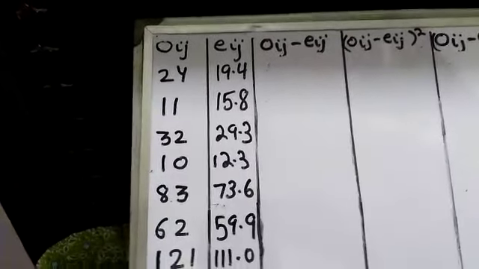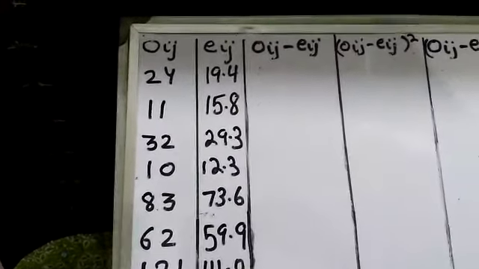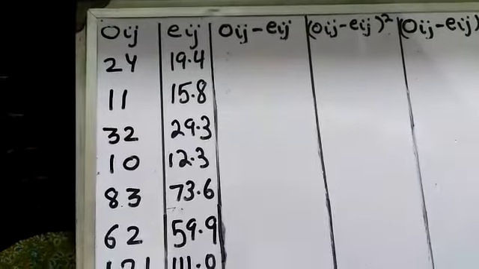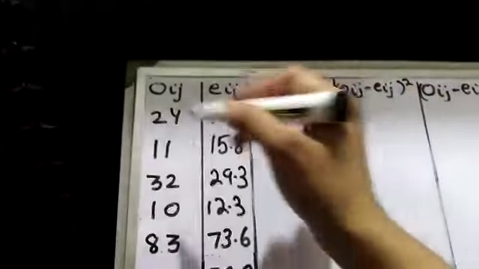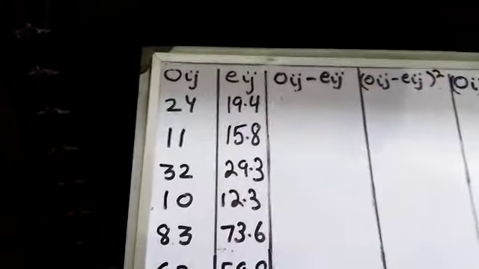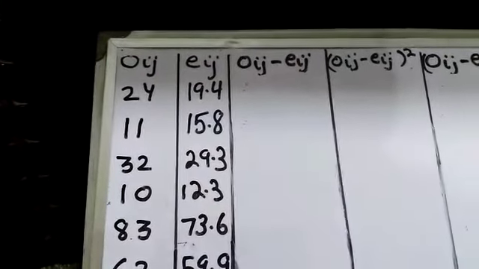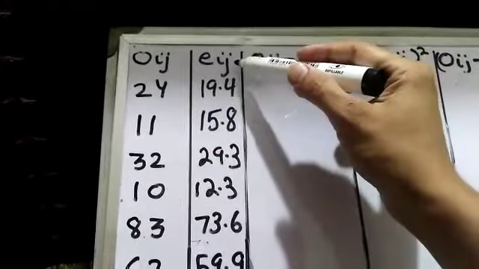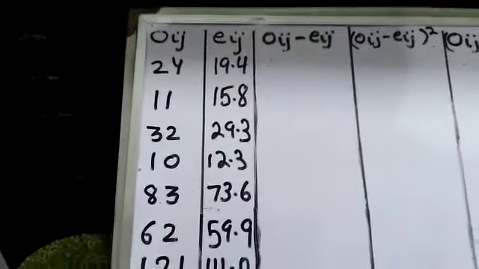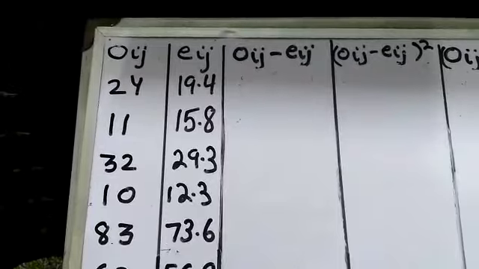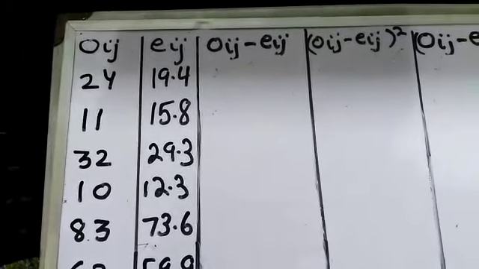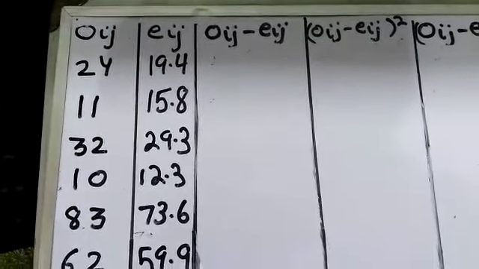We will write the observed frequency either column wise or row wise. If we write the observed frequency column wise, then in parallel we have to write the expected frequency column wise as well. The next step is to take the difference OIJ minus EIJ, the difference of observed and expected frequency.